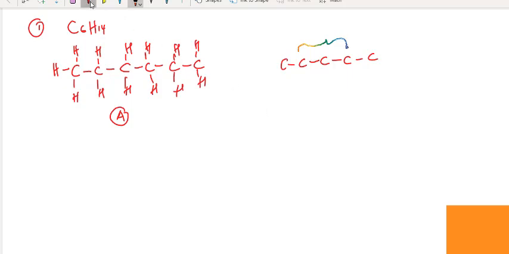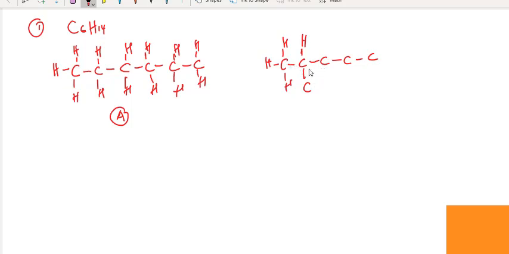So we are going to draw another carbon on this carbon only. We cannot draw at the end of the structure because it would turn out to be the same structure as A. So let's say I'm going to put the carbon here. Then the last step, we complete the structure by putting in the hydrogen according to the number of bonds already formed by each carbon.